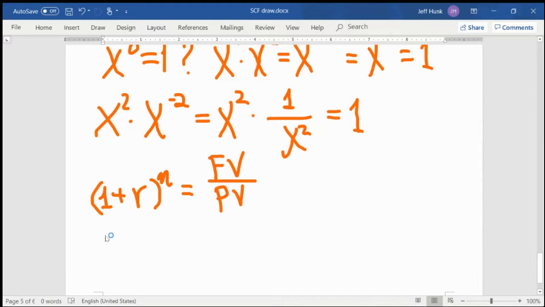Makes sense? Taking the nth radical, which means I will have to write this all over again, but we are going to raise it to 1 over n.